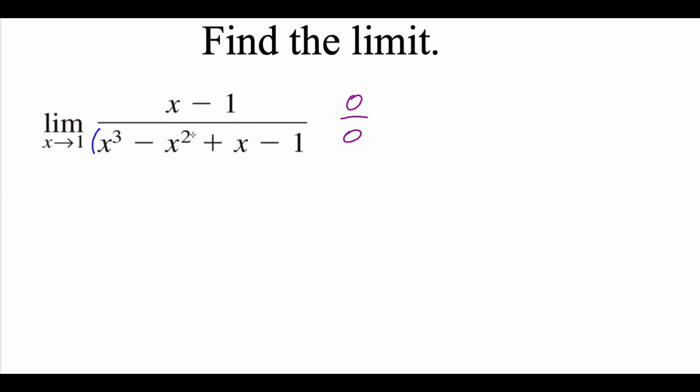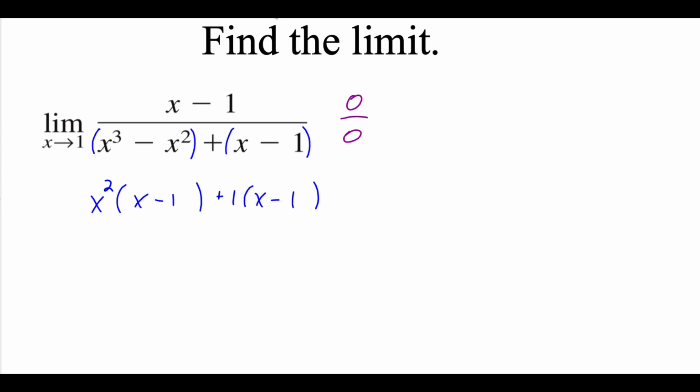If I make a group out of the first two things, the GCF there is x squared. If I factor that out, I'm going to be left with x minus 1. If I make a group out of the second two things, the only GCF that I can take out of there is 1, and taking a GCF of 1 out doesn't change what's on the inside, so that's still x minus 1.